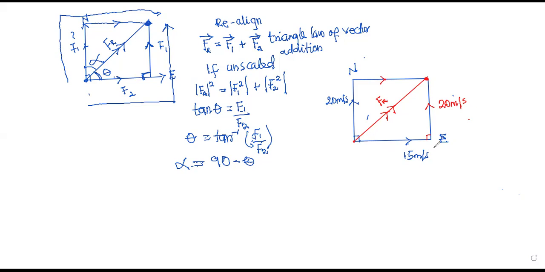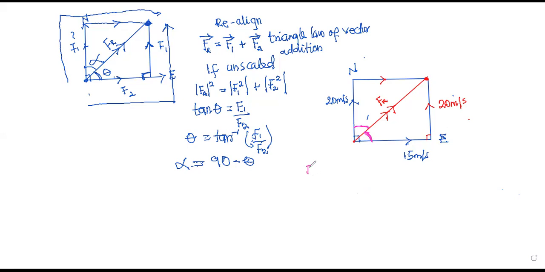Okay. All right. So the direction of the resultant to the east is here. This is the direction of the resultant to the east. The direction of the resultant to the north is here. Now, because the two are perpendicular to one another, I can use Pythagoras theorem. It is not drawn to scale.